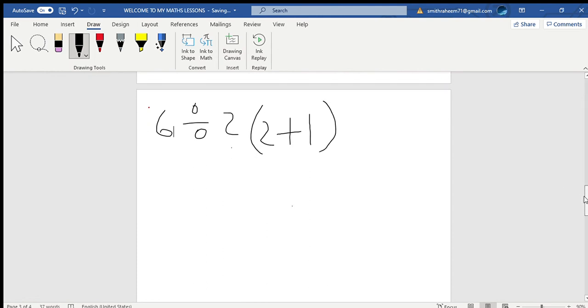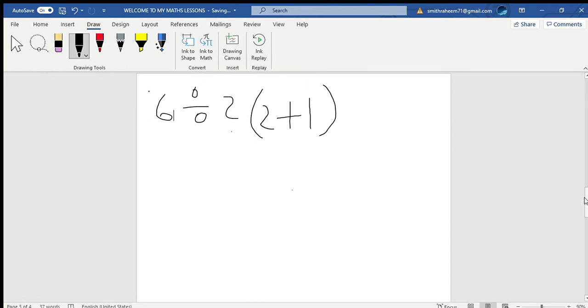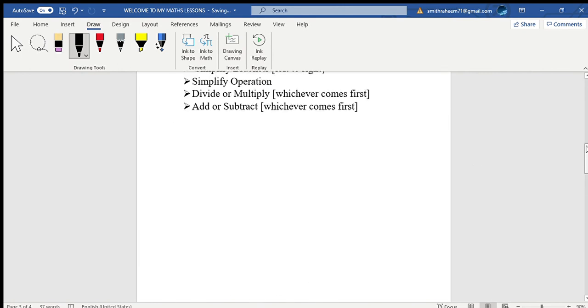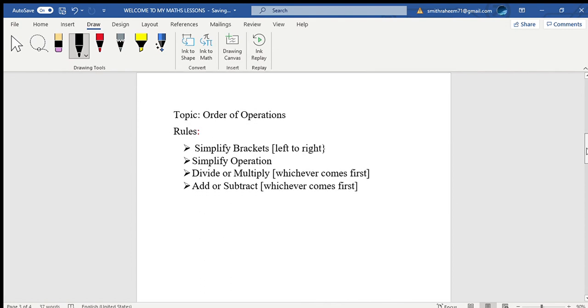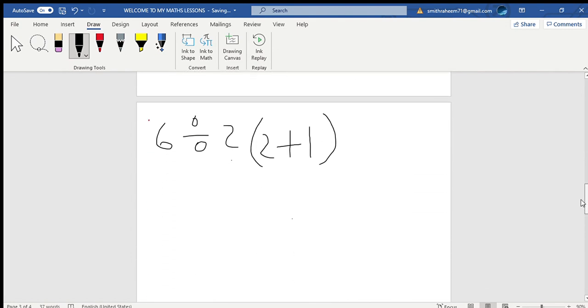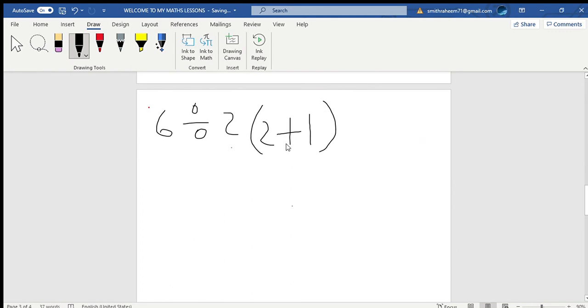How are we gonna solve this one? Okay, so we're gonna do the bracket first, even though we should be doing it from left to right, the rule stated that we should simplify the brackets first. Alright, so 2 plus 1 will give us 3.